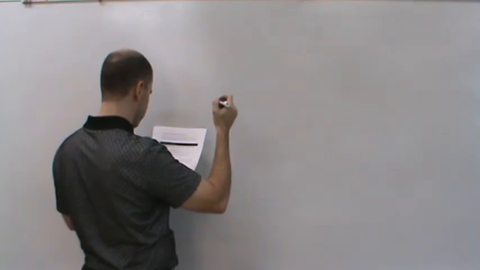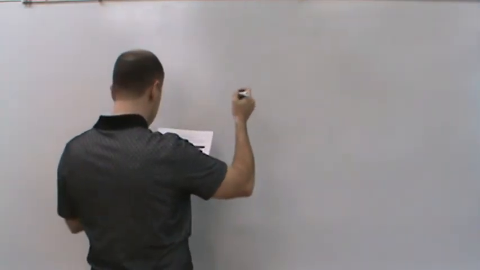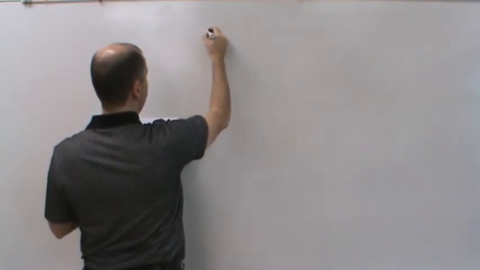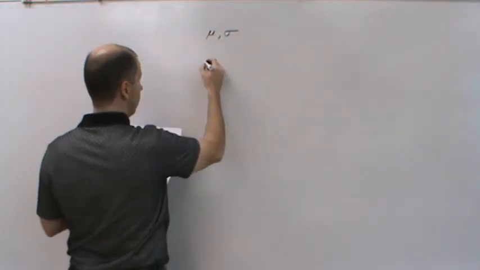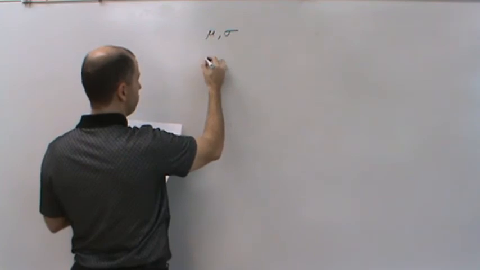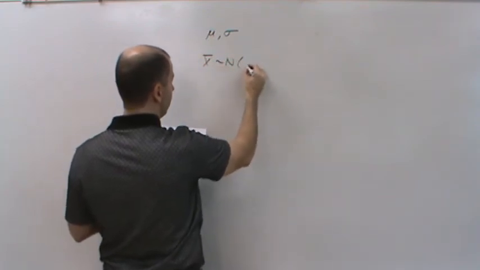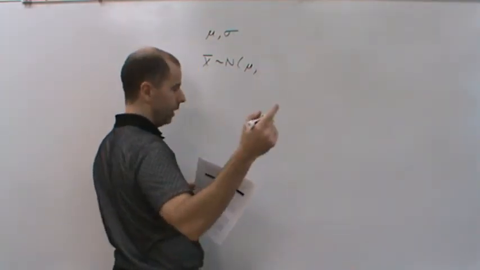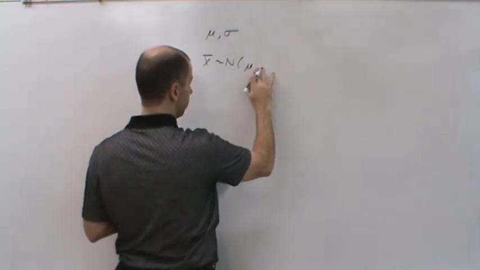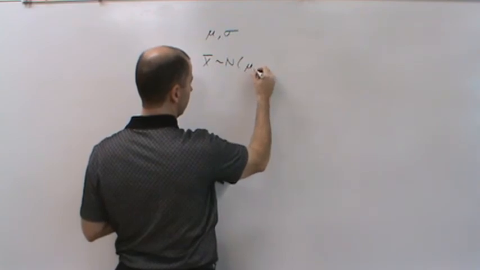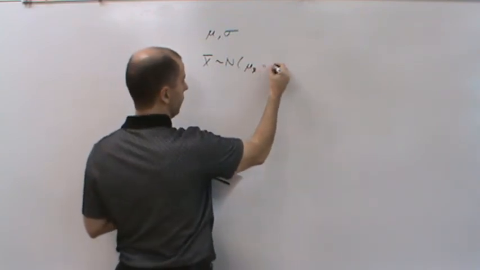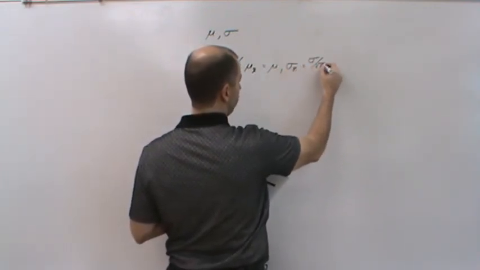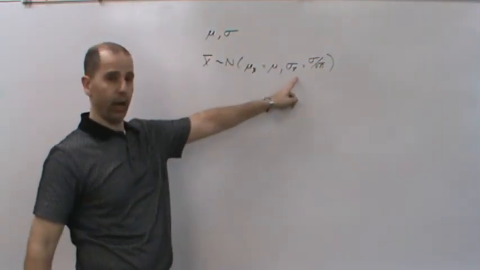So one thing to note, just for vocabulary, because this is going to come up later: if we have a population with a mean and standard deviation, and if x bar is normally distributed, then the mean is going to be mu, and sigma of x bar, which is sigma over the square root of n, is called the standard error of the mean.